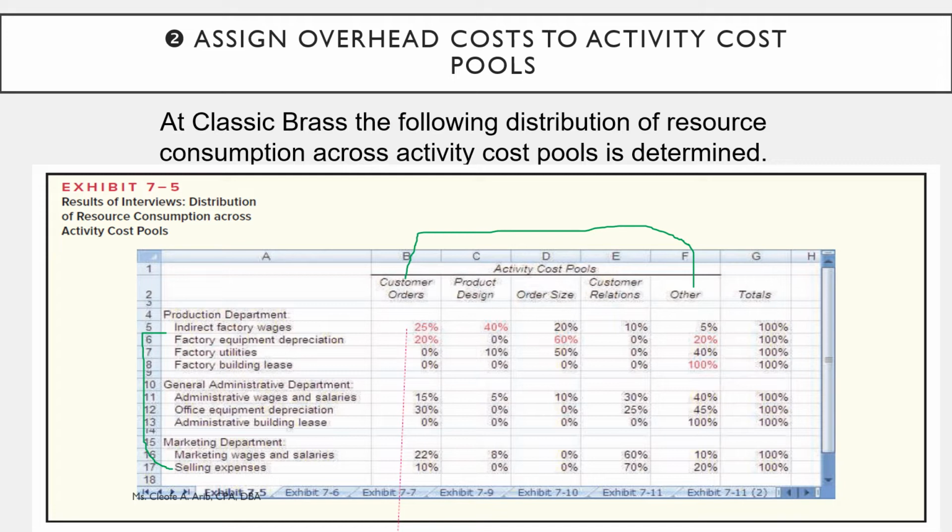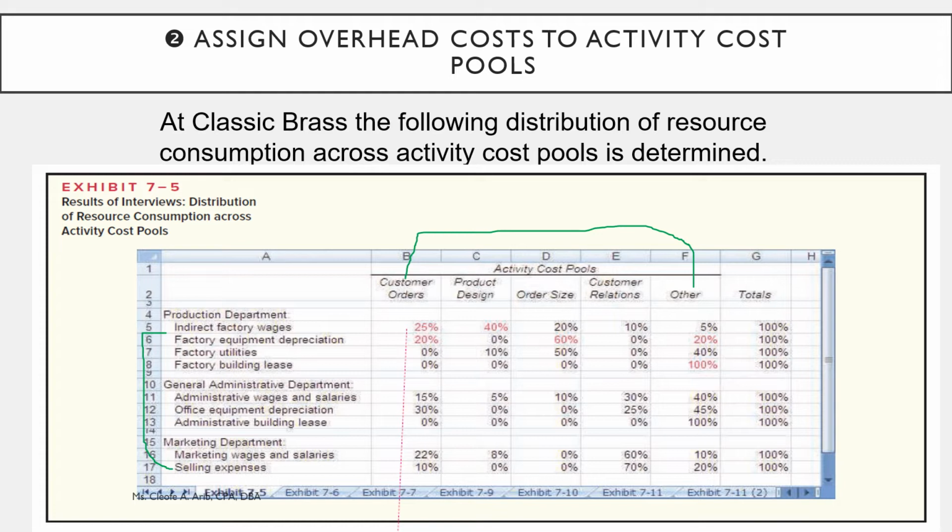So these allocations will be more accurate if the employees who are classified as indirect factory workers, sino sila? You have your supervisors, you have your engineers, and quality inspectors, among others, are asked to estimate what percentage of their time is spent dealing with customer orders, with product design, with processing units of product, and with customer relations.